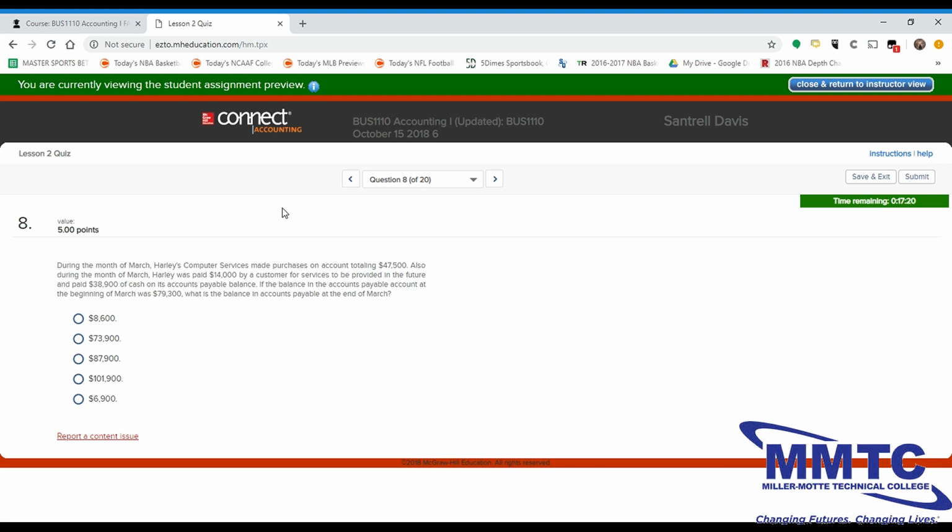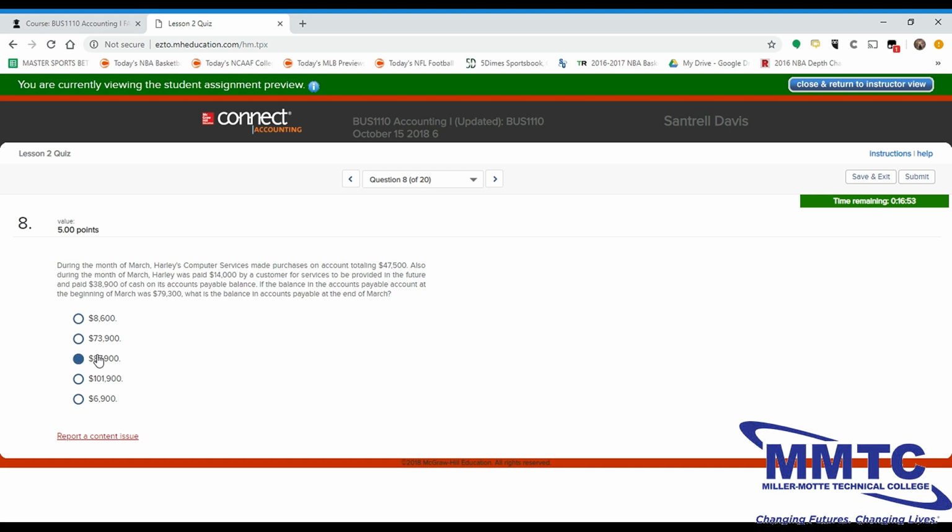So $47,500 minus $38,900 is $8,600. So that's the activity during the month, and then we want to add that to the beginning balance, which was $79,300. $87,900. Verify that, Ms. Coates.